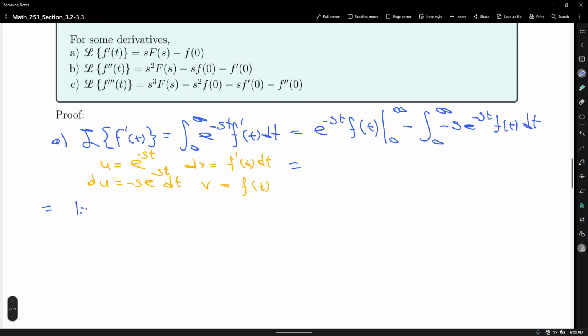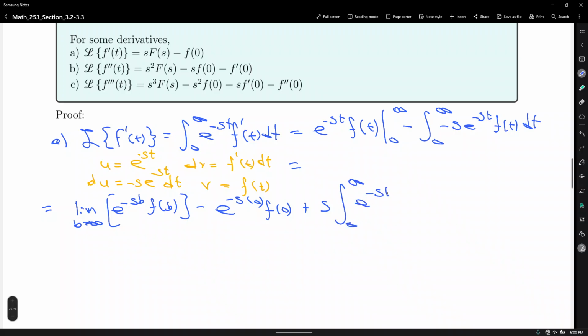So this will be the limit as b approaches infinity of e to the negative s b f of b, minus e to the negative s times 0 f of 0, plus s times the integral from 0 to infinity of e to the negative st f of t dt.